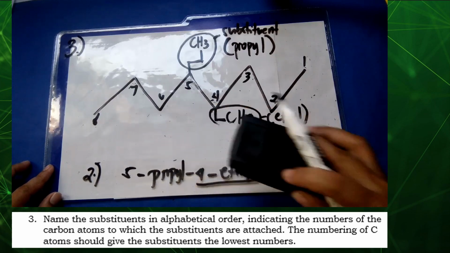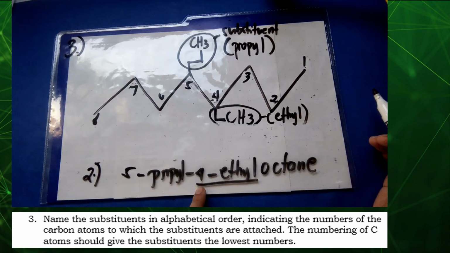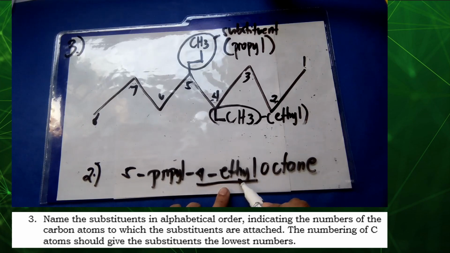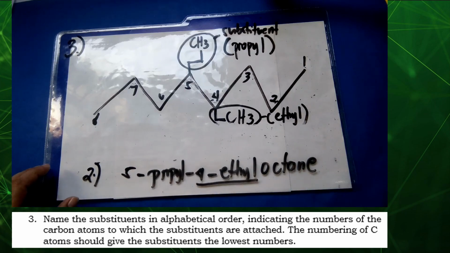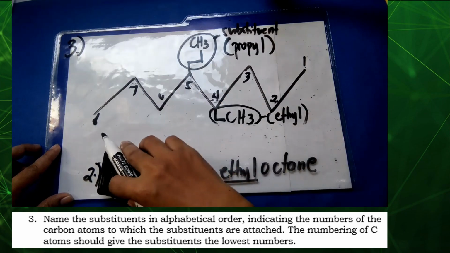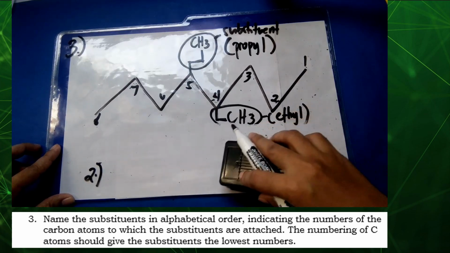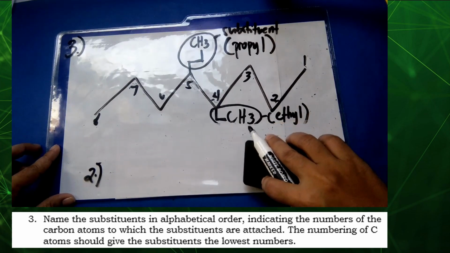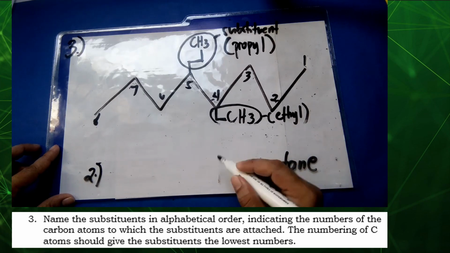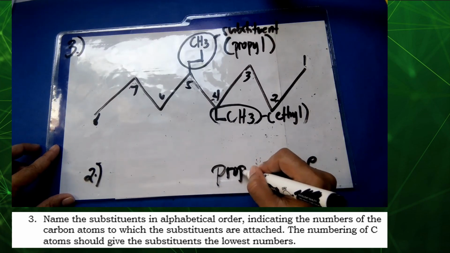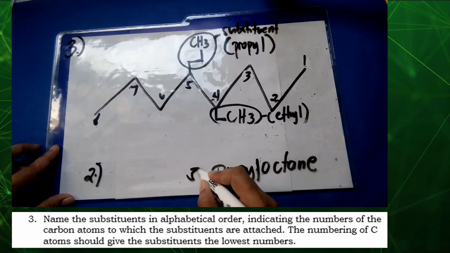Okay? So, si choice number 2 po ang magiging tama, pero we need to arrange this one. Dapat nauna po si ethyl because E comes first before letter P. And look at the number. Mas mababa po yung nauna kumpara sa pangalawang number 5. So, let us arrange this one. So, we have here propyl nasa number 5.